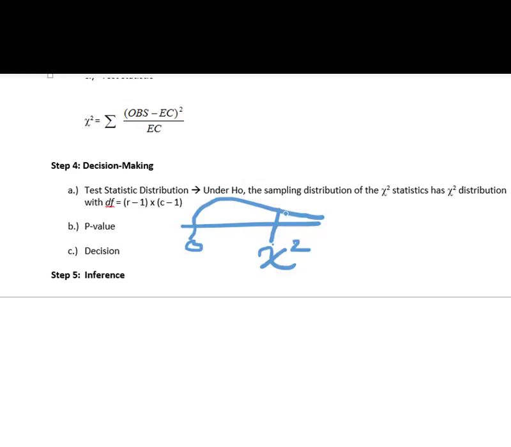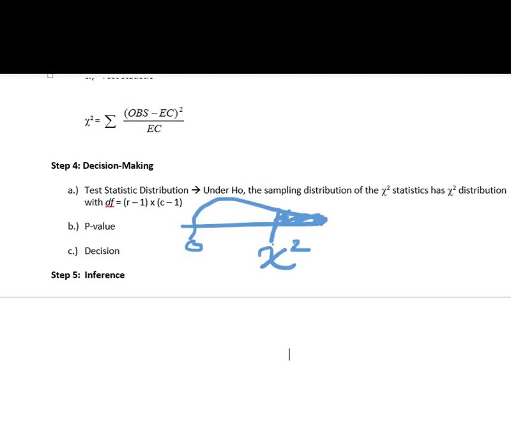So something more extreme than what you saw is going to always be the area to the right of chi-squared. So that means that every time we do these problems, we'll always be using chi-squared and then the area above it. Which means when you use your calculator, you'll be using the chi-squared CDF, and you will be finding the area from chi-square up to positive infinity. And you also will need to tell the calculator what degree of freedom you're using.